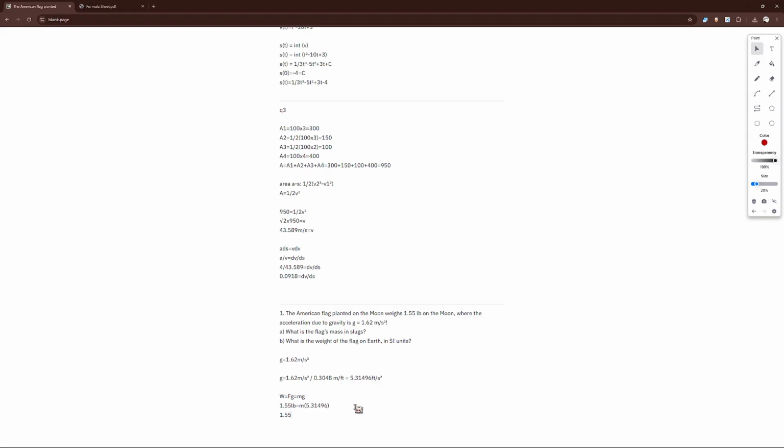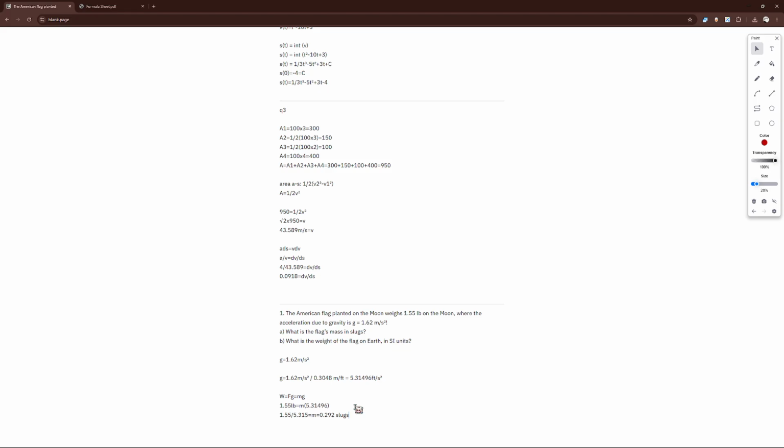Anyways, so we have 1.55 over 5.315 is equal to the mass, which if we put this into our calculator, divided by 5.31496. Oh, I forgot to actually do the calculation here. So we get a mass of 0.292 slugs. Okay, that's the answer for part A.